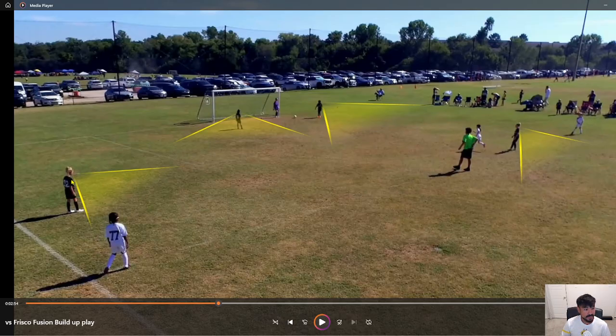Where's the space? Where's my teammate? Super simple, but it's just a habit we're gonna have to get into. So again, number 10, scanning here, and then over here, the number 7, ball watching too. So we just gotta scan, ladies. That's it. Simple. Let's go on.